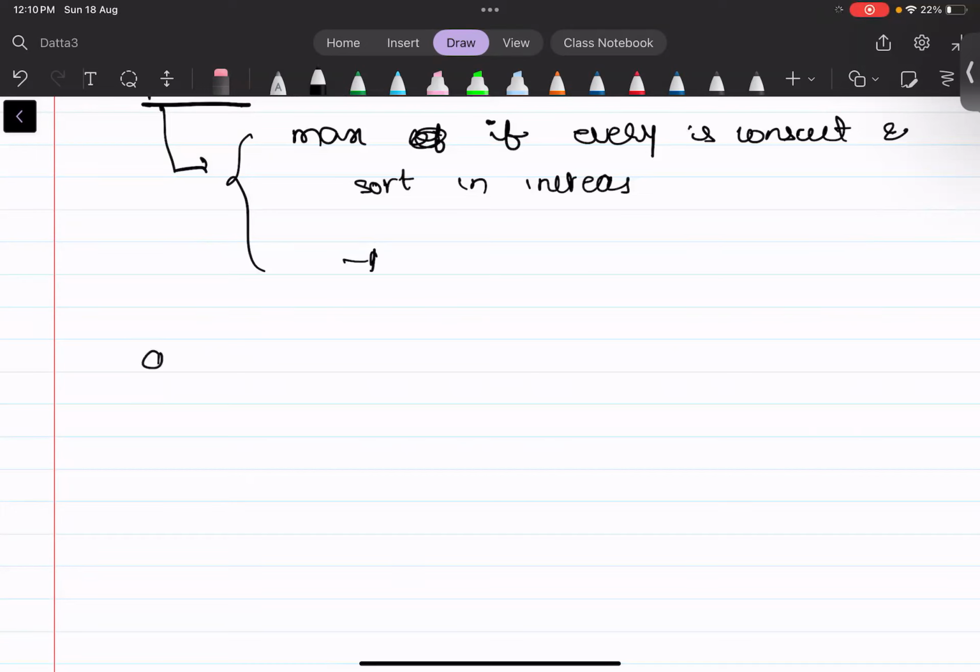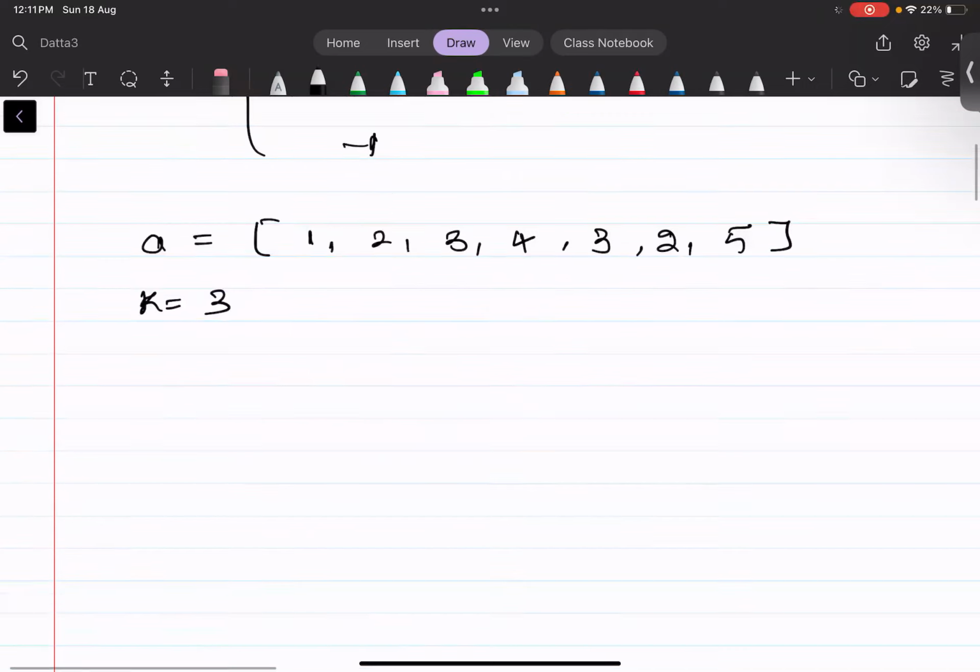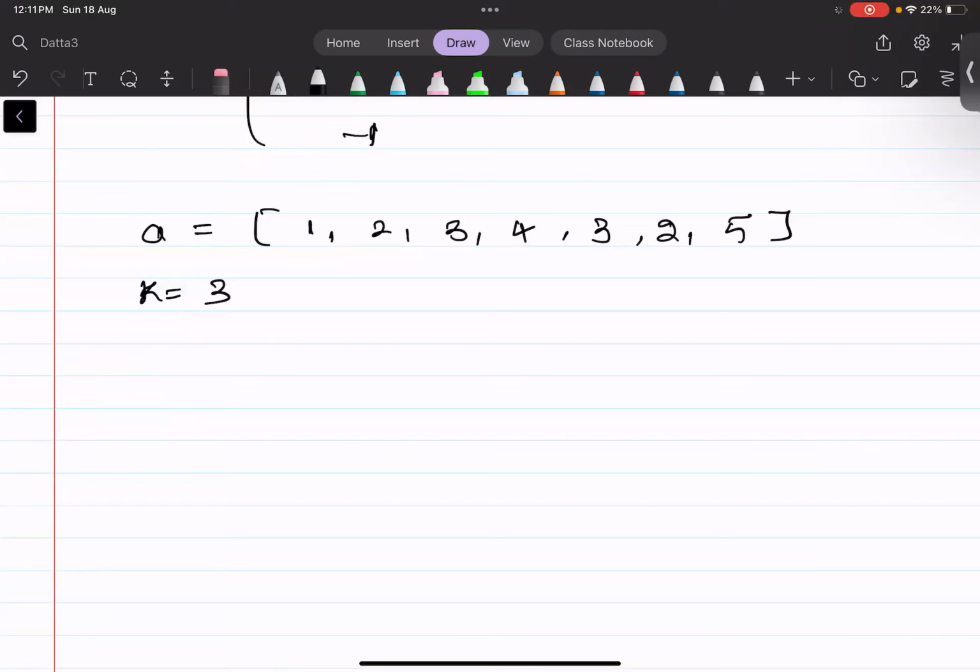Now let's say our array is given as 1, 2, 3, 4, 3, 2 and 5, and our k was given as 3. Now the subarrays of size 3 of the original array are: this is one subarray, this is another subarray, this is another subarray.